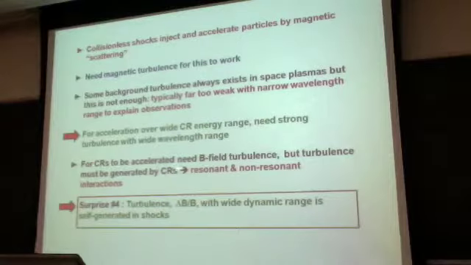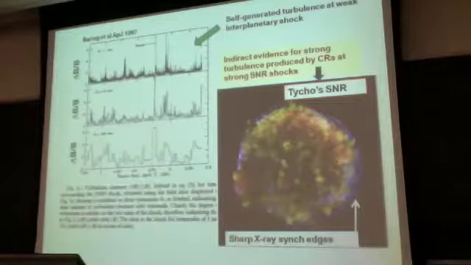So for cosmic rays to be accelerated, you need magnetic field turbulence. But the turbulence has to be self-generated by the cosmic rays. And this is done through resonant and non-resonant interactions. So the fourth surprise is that the turbulence, delta B over B, with a wide dynamic range, is self-generated in shocks. Okay. And this has always been assumed to be the case.